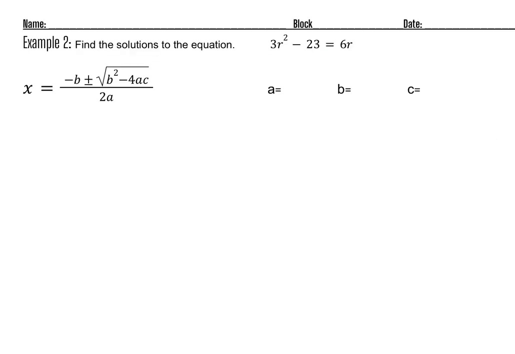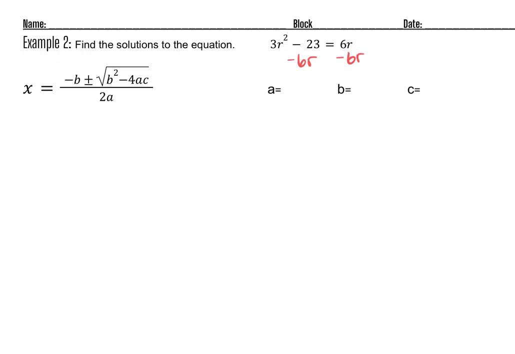In this next example, it is important to note that we always have to ensure our equations are in standard form. Otherwise, we cannot use the quadratic formula correctly. So in my example 2, I do not have ax squared plus bx plus c. So I'm going to move that other term, that 6x, by doing inverse operations.